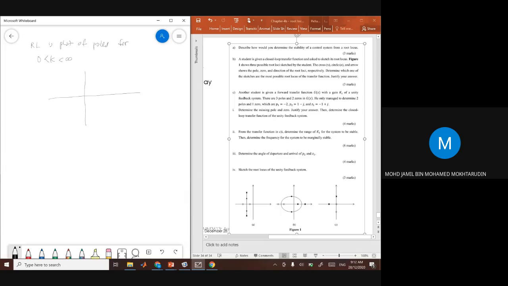So when k is at 0, the root locus will start from poles, let's say from any poles. And when k is infinity, then the root locus will end at any zero in the closed loop transfer function.